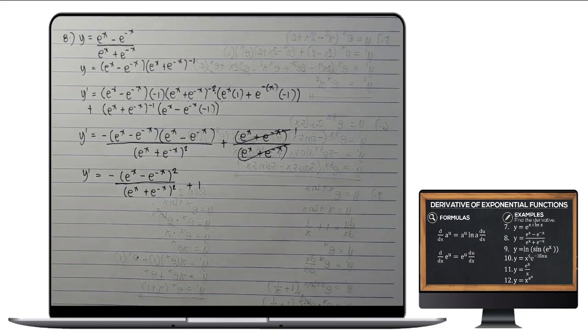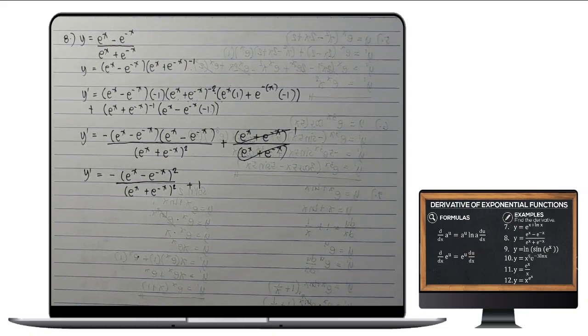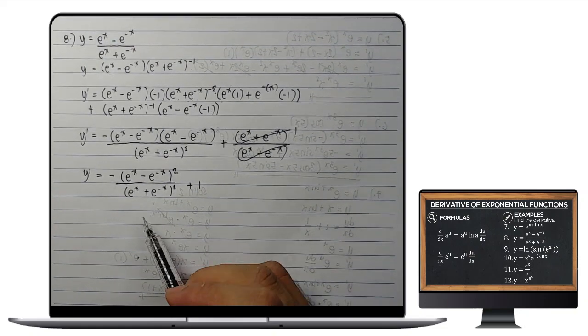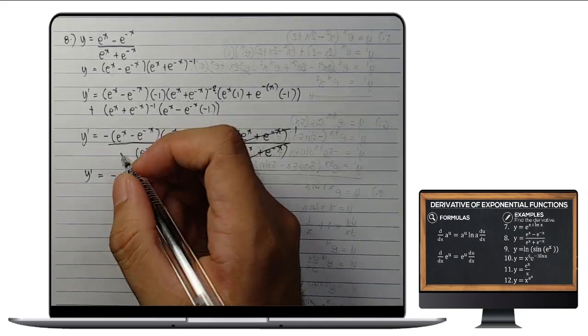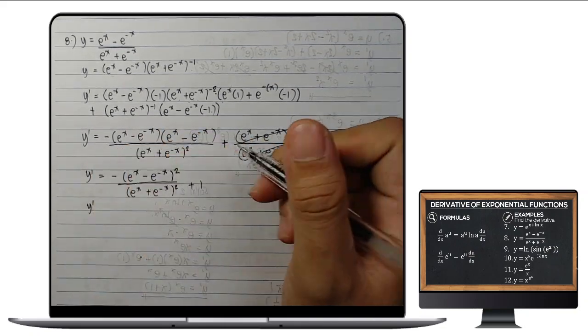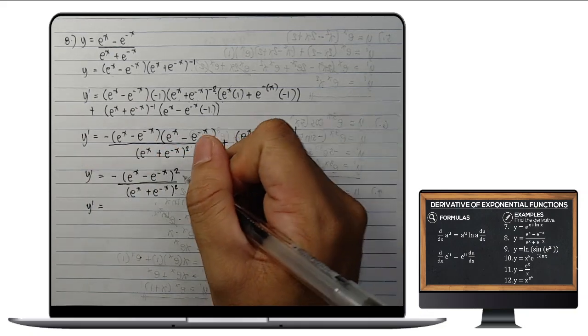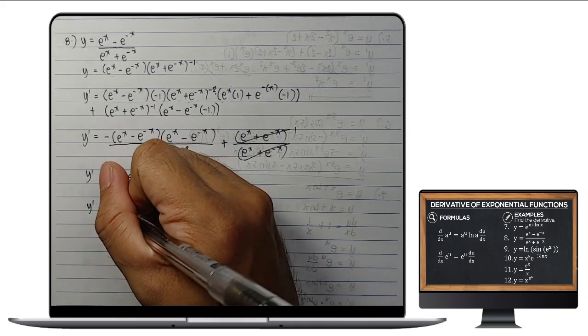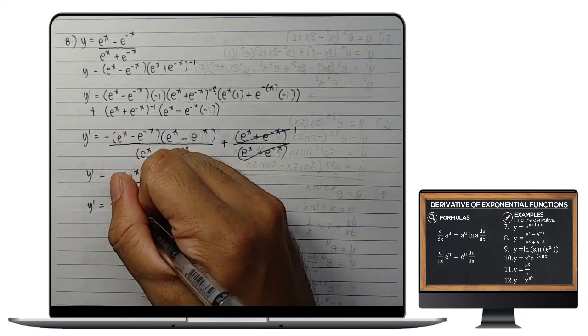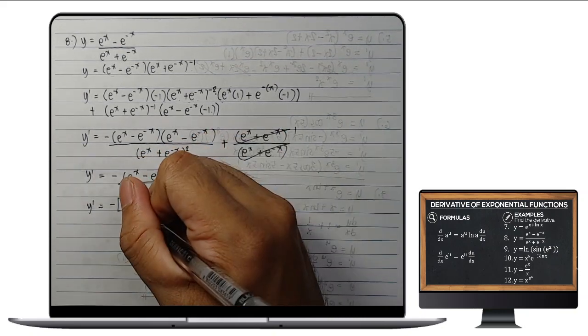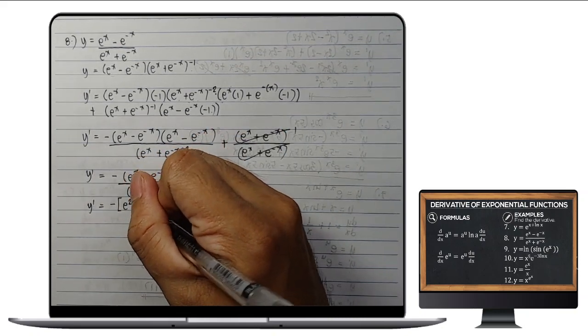Okay, so you can write your answer like this one, or so you can simplify it. So simplifying, so expand lang natin yung numerator. So that is negative of square the first term, so that is e raised to 2x.